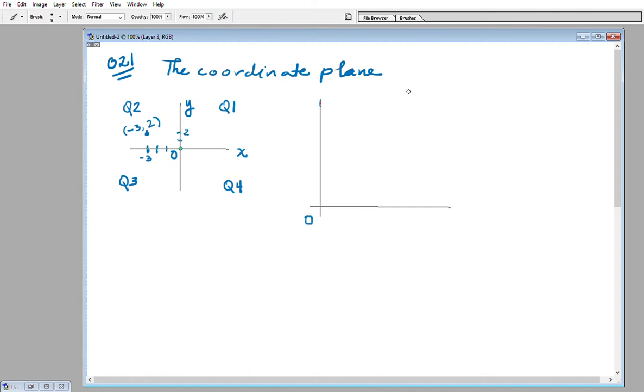So we're looking at the distance formula. Let's say we have the following point: this is 2 along the x and 1 along the y-axis. So this is the point (2, 1).